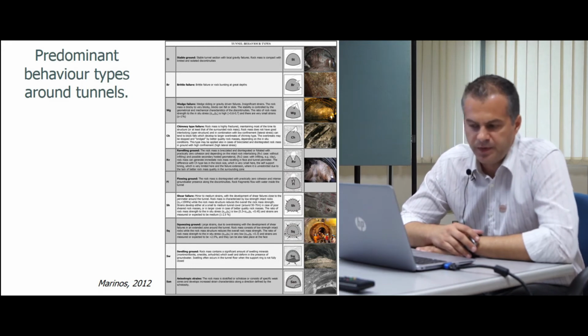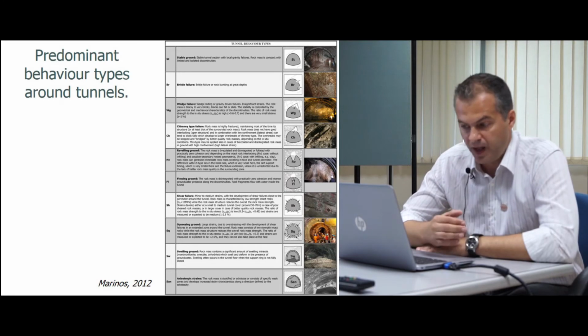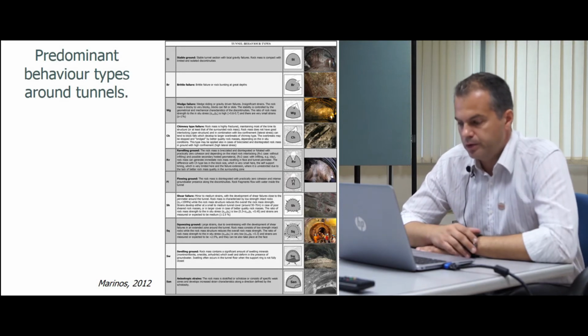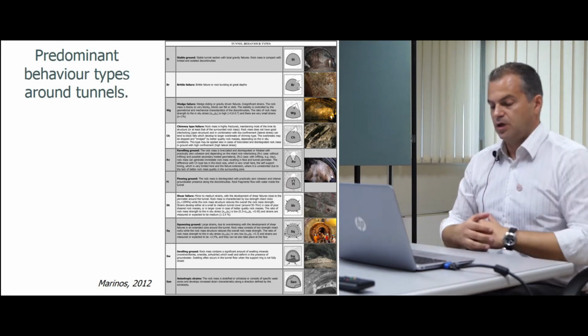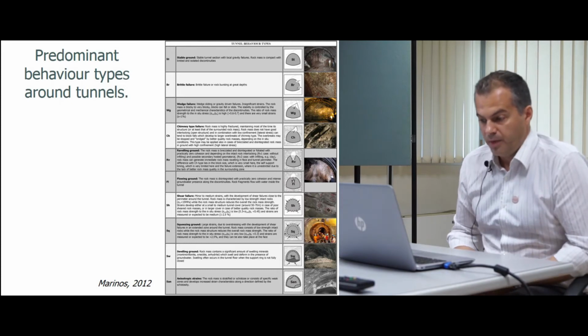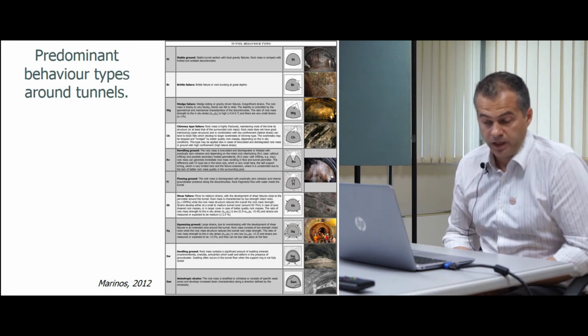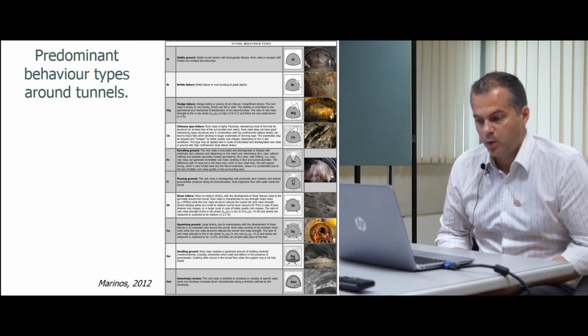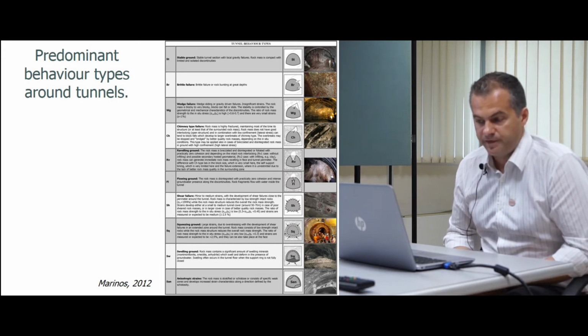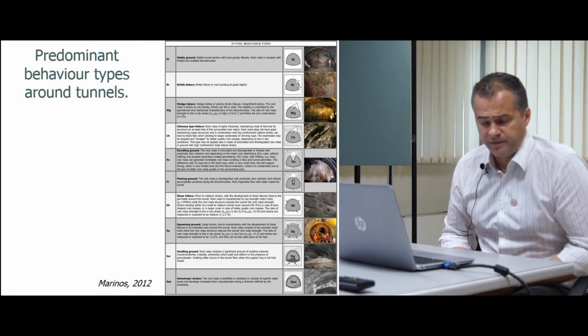The second one is a brittle failure, which is rock burst or spalling, so not very intense, only, let's say, rock burst, but spalling may also be present. The next one is wedge failure, when we have wedge sliding or gravity-driven failures. Here we have insignificant strains.